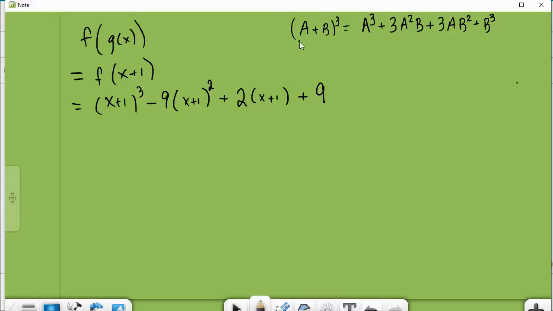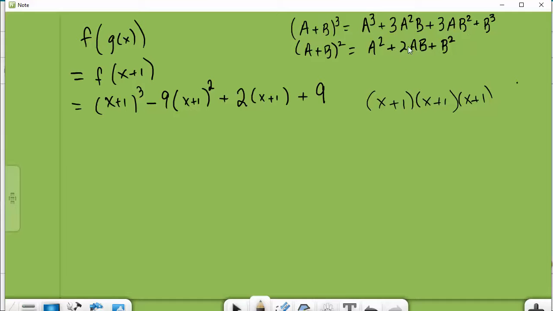And you're not required to know these, but it sure is helpful. A squared plus 2ab plus b squared. If you don't know them, you would have to do x plus 1 times x plus 1 times x plus 1, FOIL the first two, and then get that answer and distribute it with the x plus 1. And you'll end up with this thing.